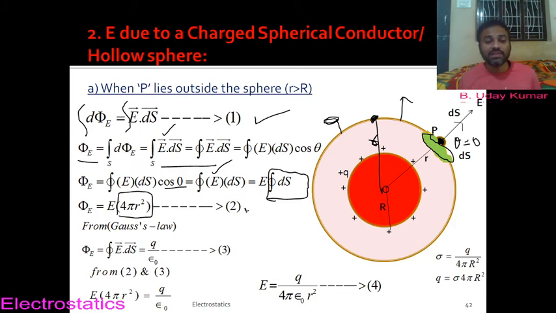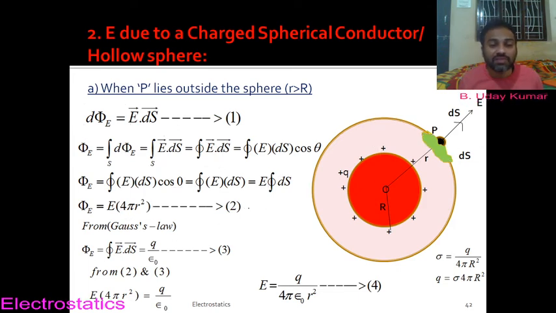Let us take this equation as equation number 2. Let me erase everything. Now, from equation 2 and equation 1, sorry, not equation 1, forget about it, I am just erasing it. So this is equation 2, where we found the total electric flux that is coming out of this Gaussian sphere. But from Gauss law we know that phi is equal to integral E dot ds.